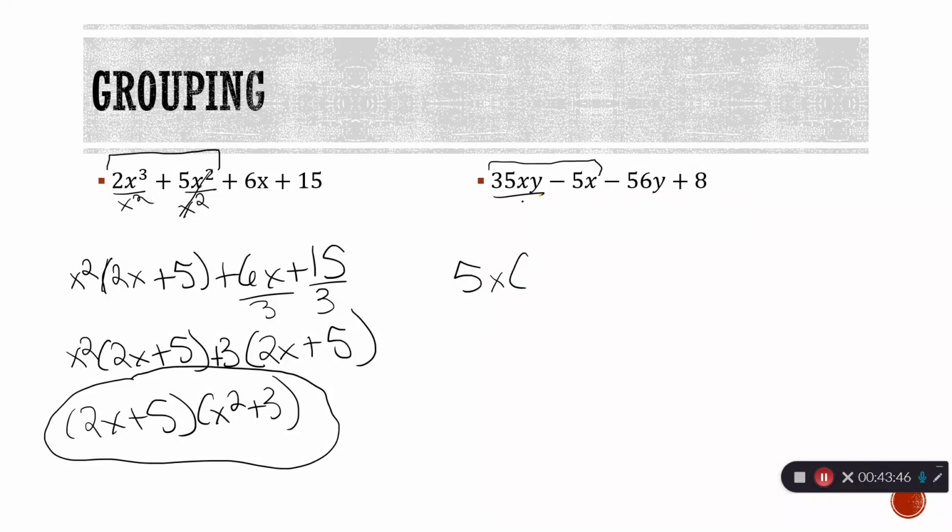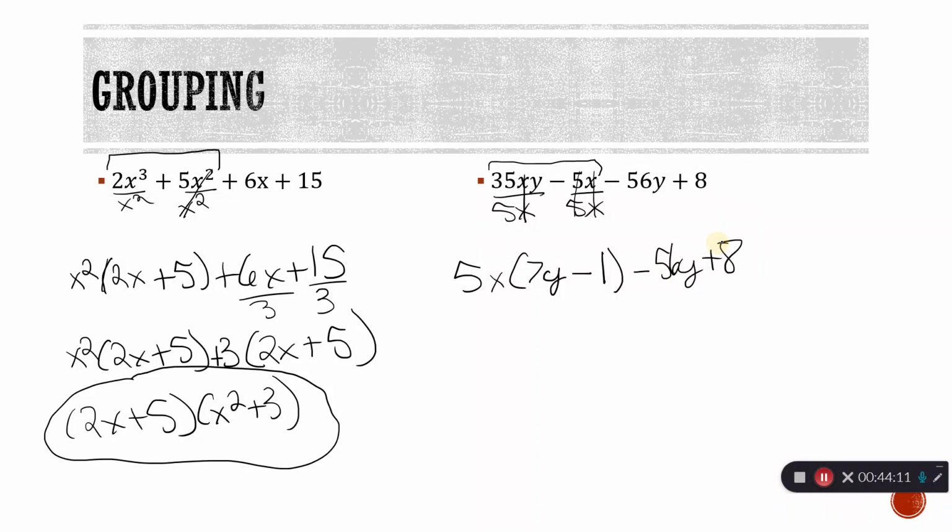So let's do that. Divide by 5x. 35 divided by 5 is 7. X's cancel. I'm left with y. Minus that cancels. That cancels. That means it's just straight up 1, right? Anything over itself is 1.